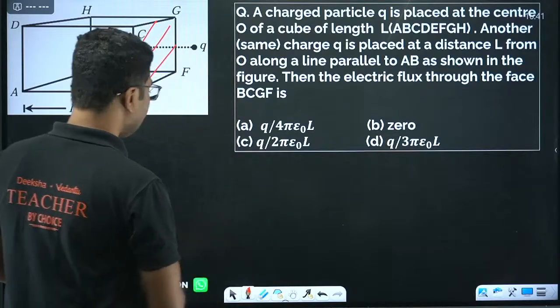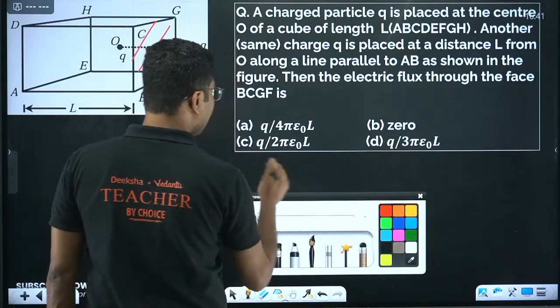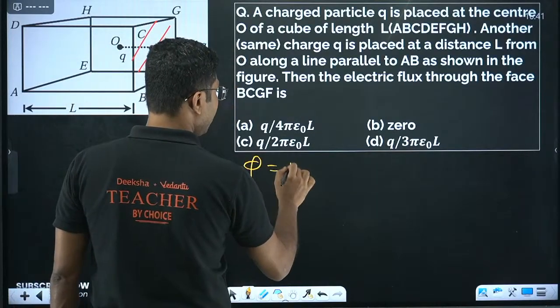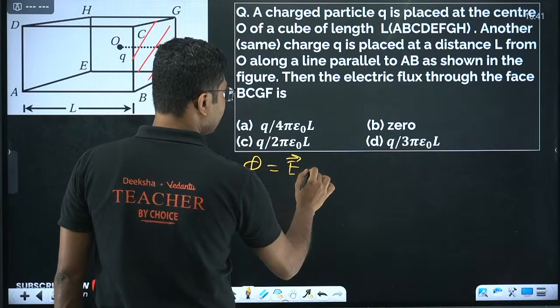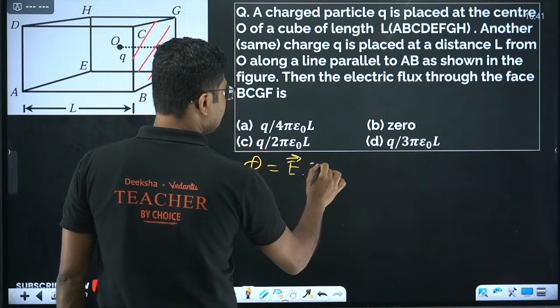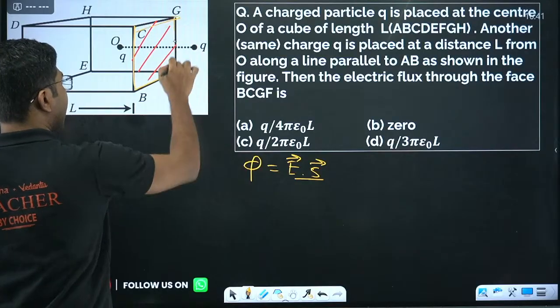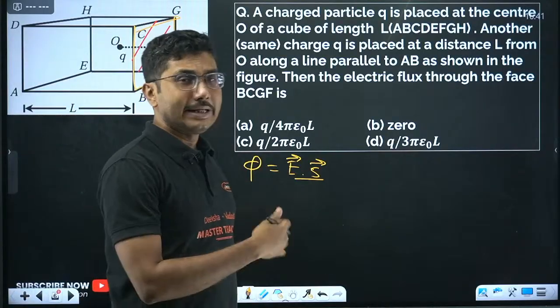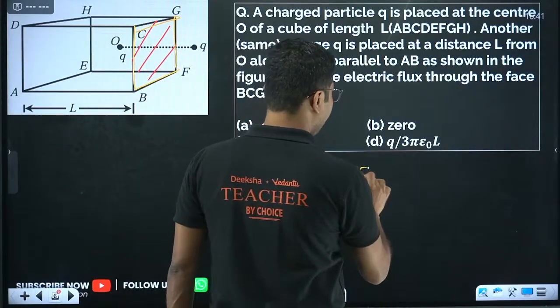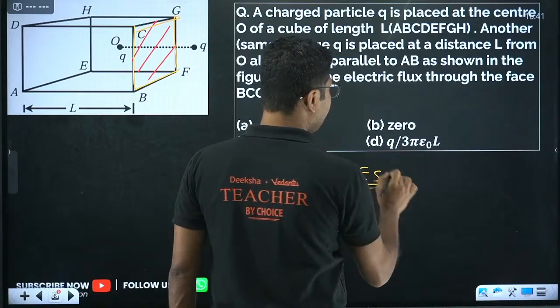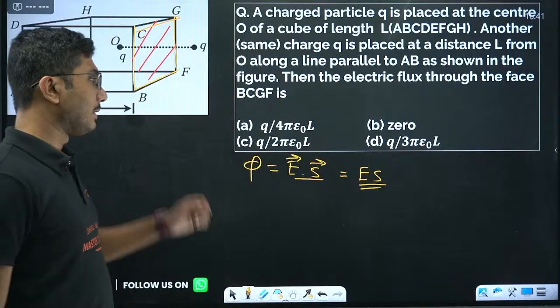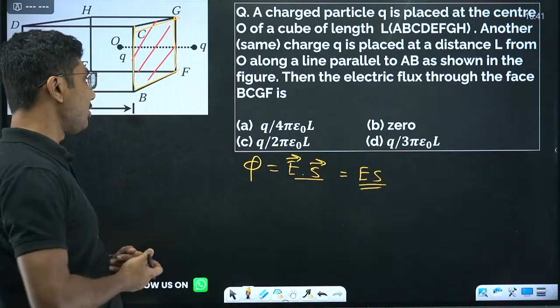We know that electric flux is basically E dot dS or E dot S. If you know the surface area, it is easy to calculate and it is normal. So if you calculate the electric field and the surface area, you will get the required electric flux. You don't need to apply Gauss's law here.